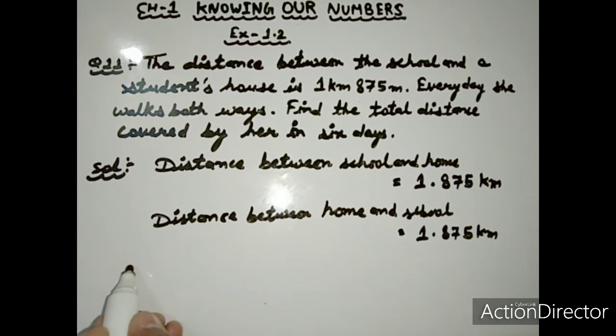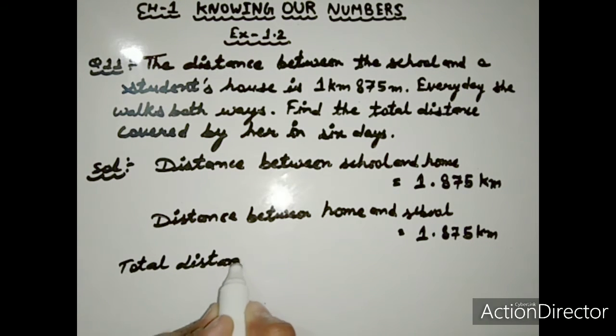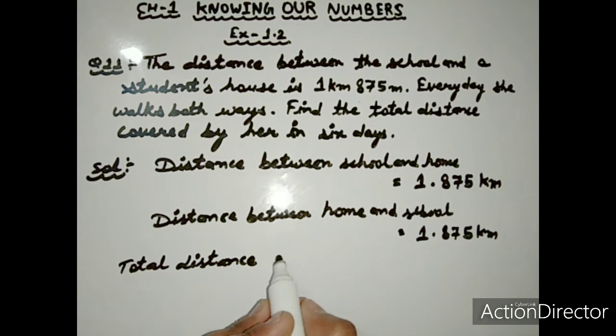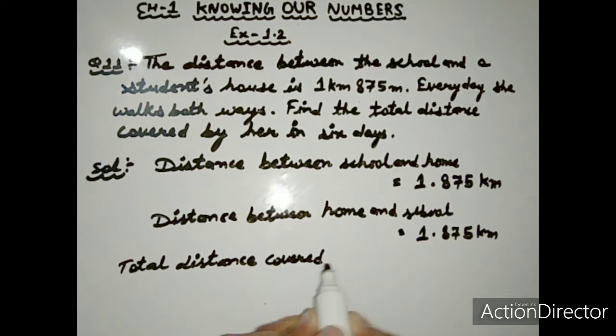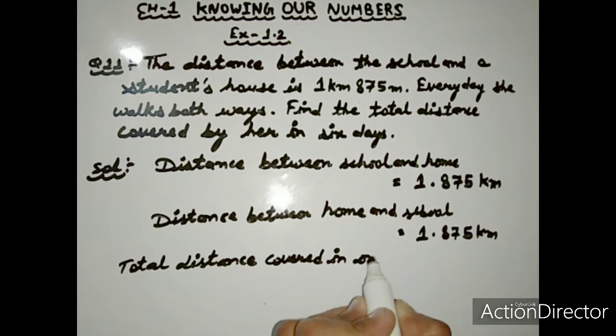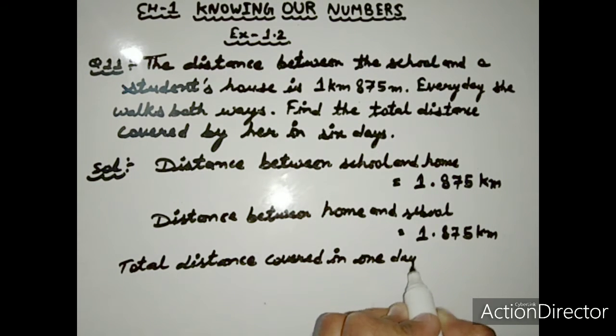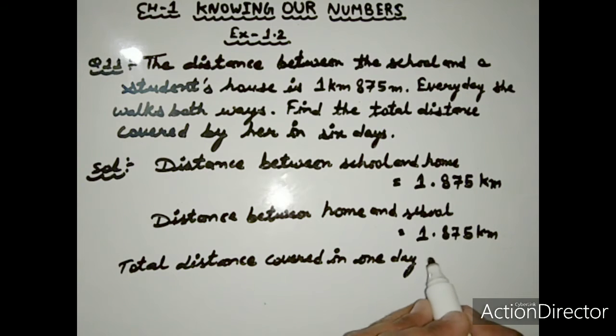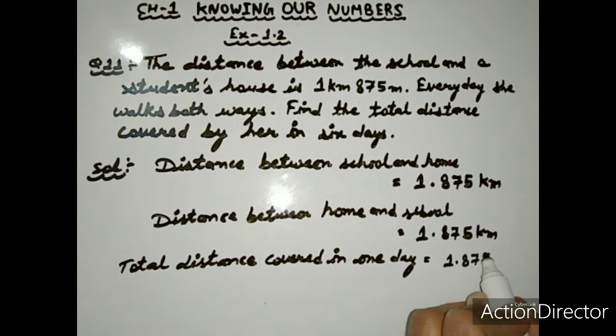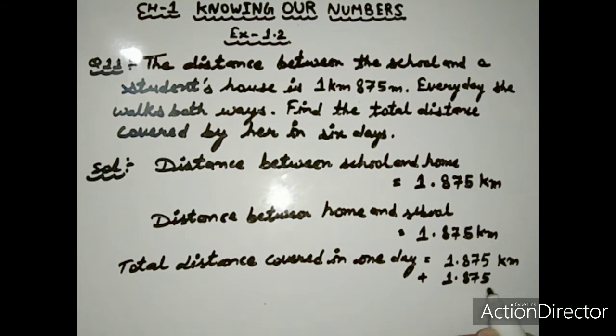Now here we find total distance. Total distance covered in one day is equal to 1.875 kilometer add with 1.875 kilometer.